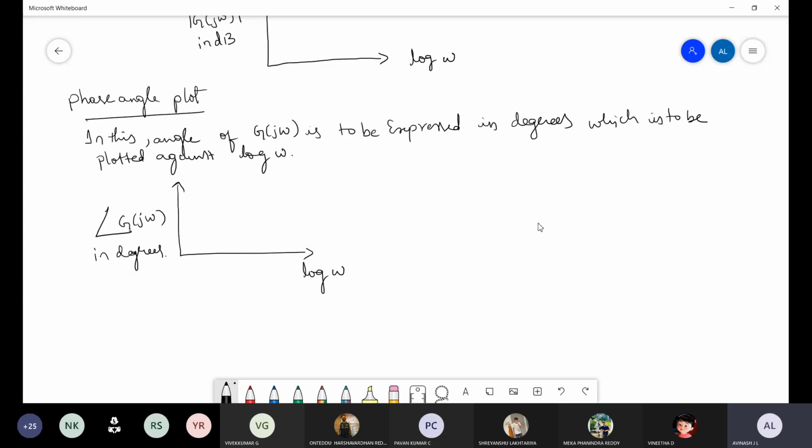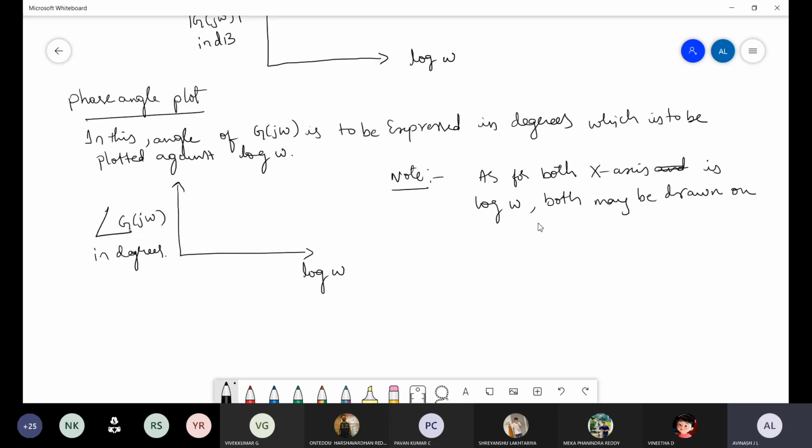Why can we tell that both plots can be written on the same paper? We'll write one statement, note: as for both, the x-axis is log omega, so both may be drawn on the same paper with a common x-axis.